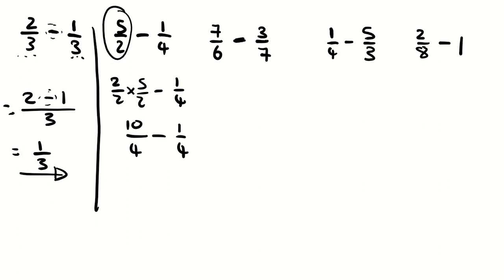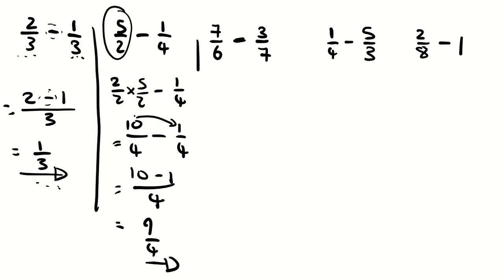Now, because the bases are the same, you're going to put 4 at the bottom. And then you're going to say 10 minus 1, just as we did on the previous question. And your answer will be 10 minus 1, 9 over 4.